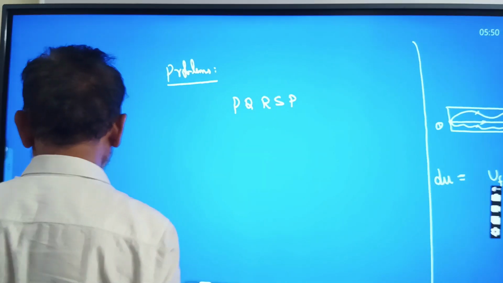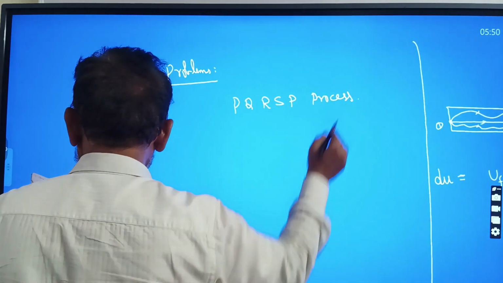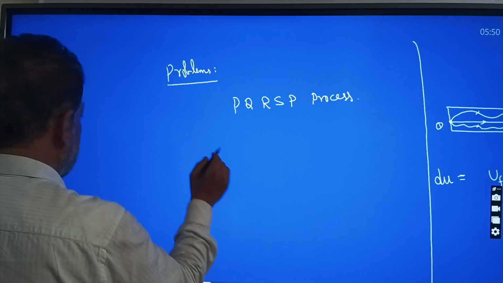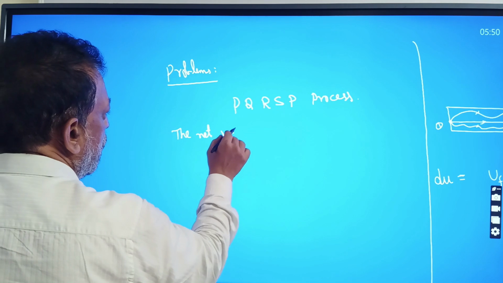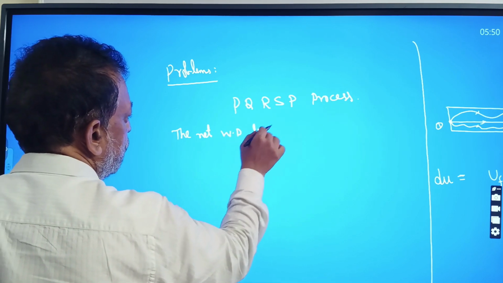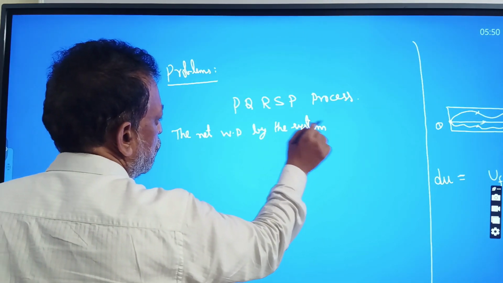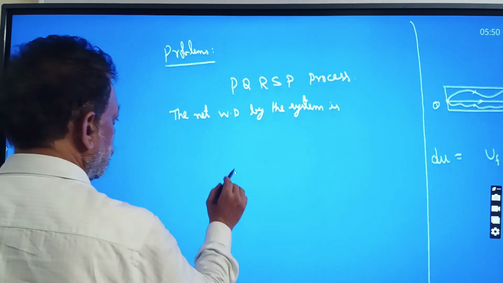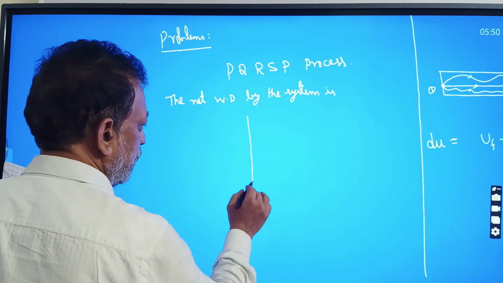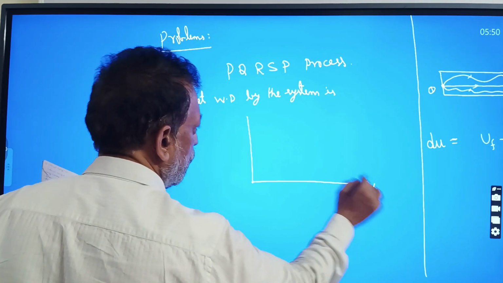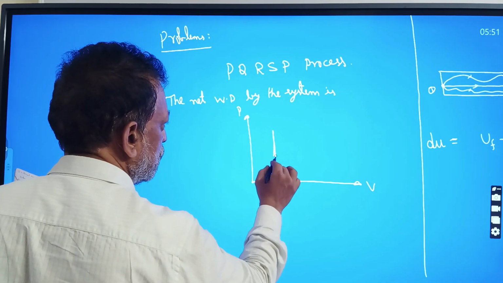The process PQRSP. The net work done by the system is to be found. The figure is given: this is the volume, this is the pressure, and it is a closed system.